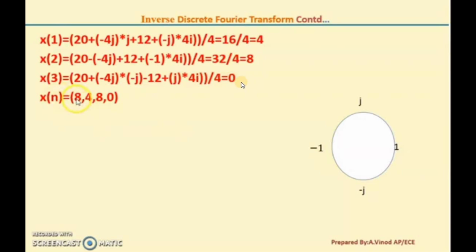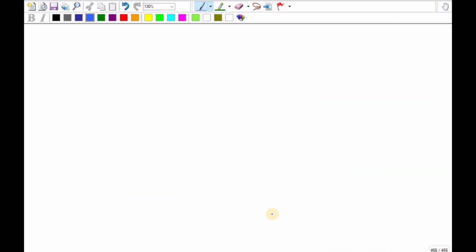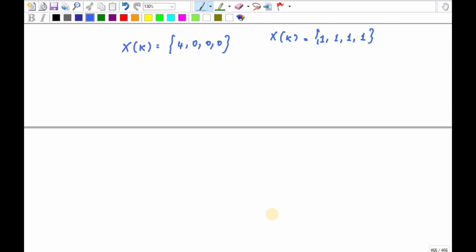Now let us come to this problem. Here they have given X of k is equal to 4, 0, 0, 0. What is x of 0? x of 0 is the addition of these values divided by 4. So the answer is 1.